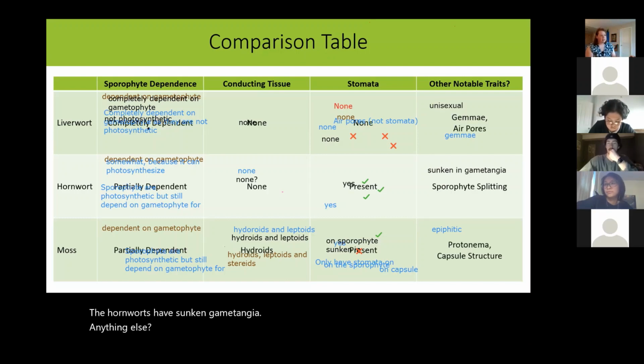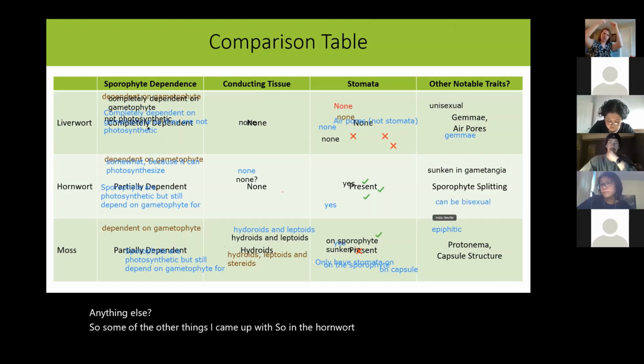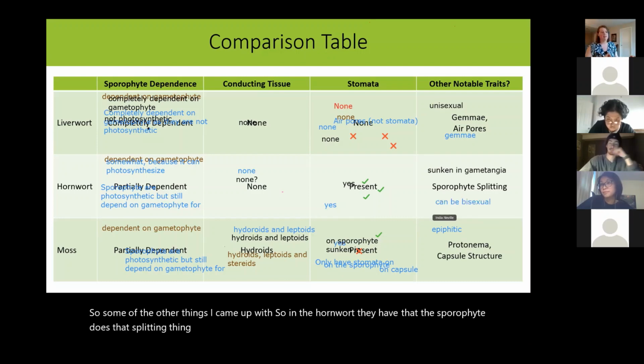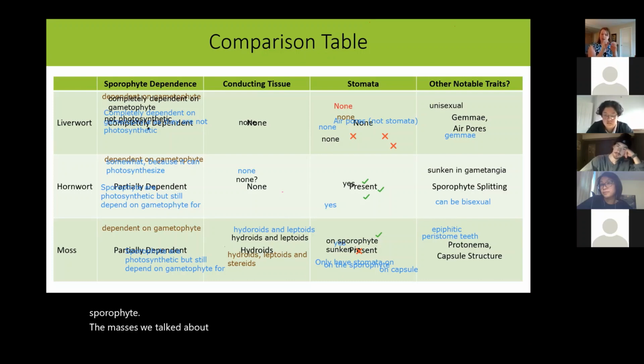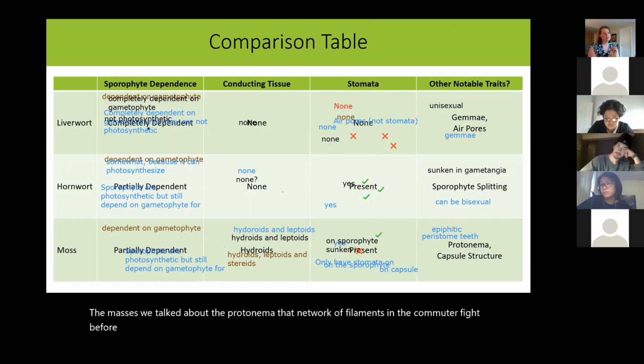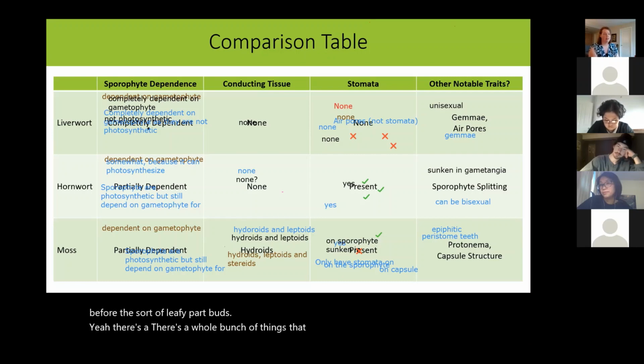So some of the other things I came up with: in the hornwort, the sporophyte does that splitting thing to help release the spores from the top of the sporophyte. In the mosses, we talked about the protonema, that network of filaments in the gametophyte before the leafy part buds. Yeah, there's a whole bunch of things that might fit into that category.